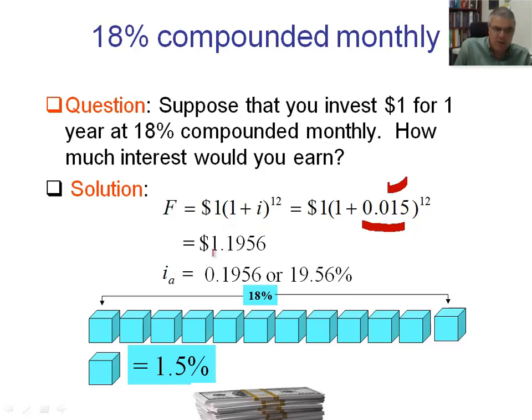Your $1 would become 1.1956. So that is really not 18%. It is 19.56%, right? So where does that 1.56% extra come from? Well, that is the power of compounding, and because of the power of the equation, we take the parentheses to the appropriate power.